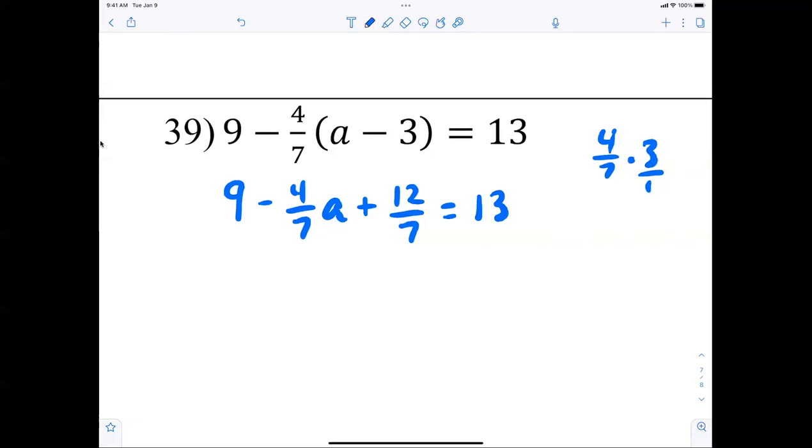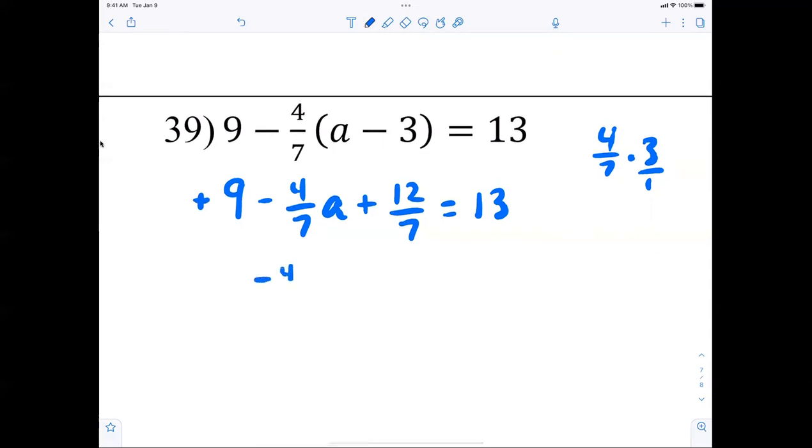Now, what's the next step? Not add, because this is a +9, right? So what do I do? Yes. So now negative 4/7 a plus, I could have combined, well, let's just leave it as plus 12/7 equals what? 4. Now I have to do one more thing.